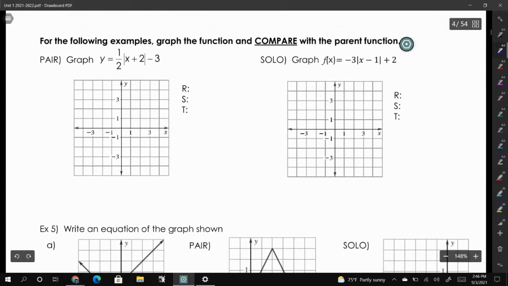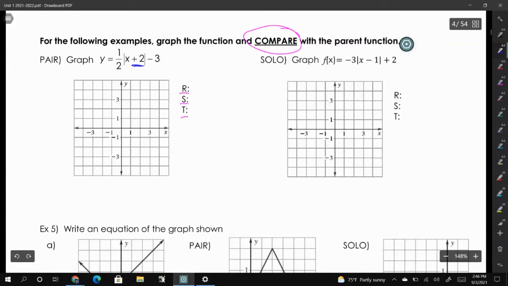And when I ask you to compare now, I am going to be expecting to see R for reflection, S for shrink or stretch, and T for translation. Now, if a particular problem doesn't have a translation, a shrink or stretch, or a reflection, then you can just say none. How I like to start these problems is to graph the vertex first.